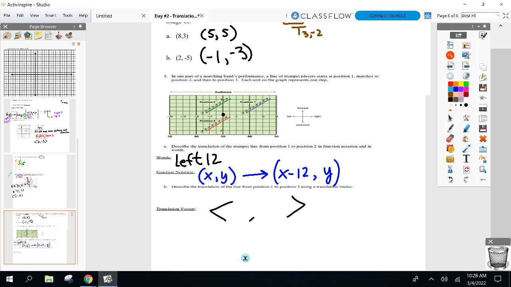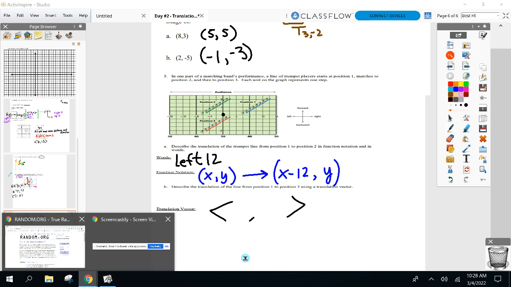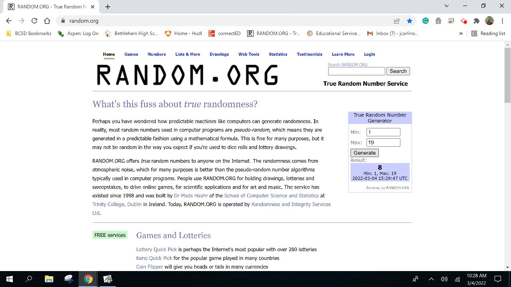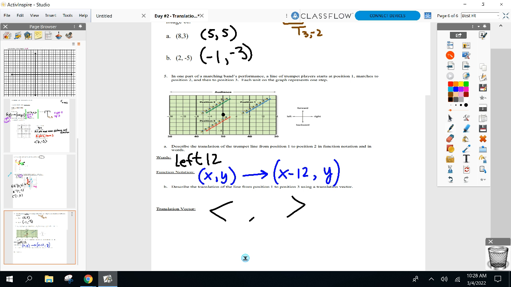All right, before we write it in vector notation, can you describe to me in words, up, down, left, and right, and how many units to get from 1 to 3? In your own words first, and then I'll put it into vector.